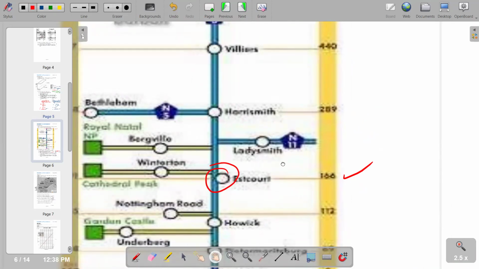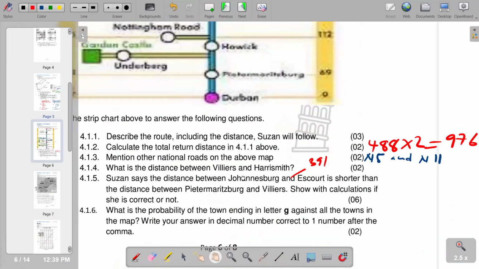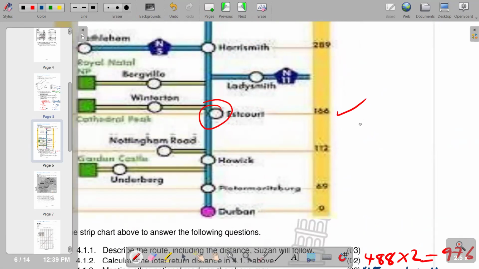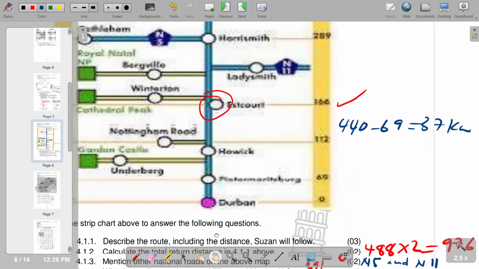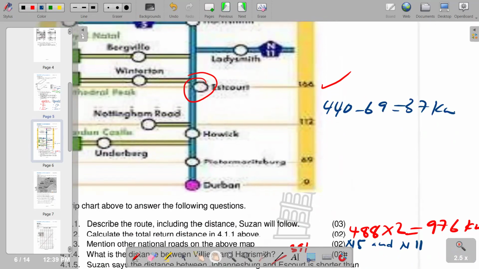Then from Durban to Pietermaritzburg is 69. So we are saying 440 minus 69. So you get your answer is 371 kilometers.